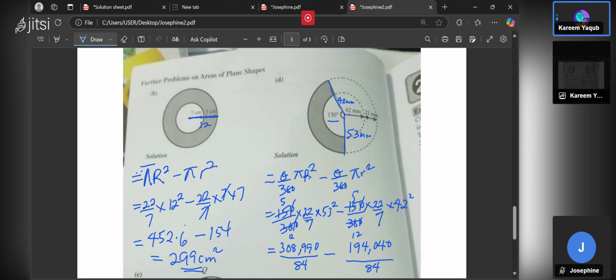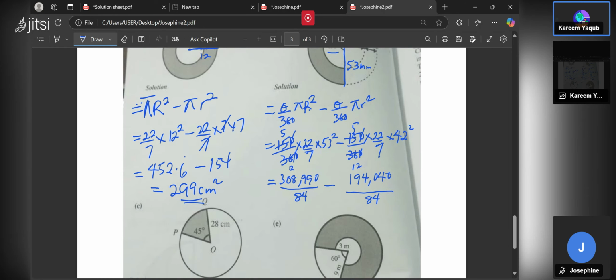So from here, let me do the calculation straight.